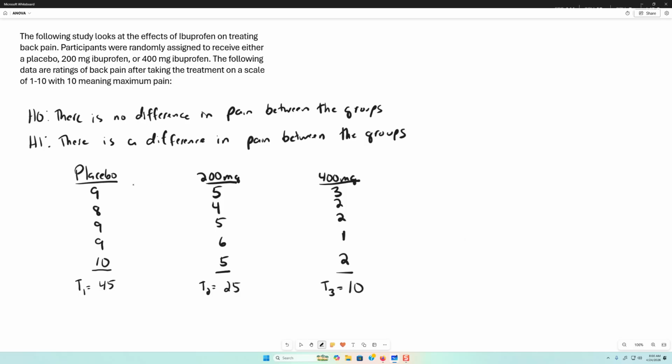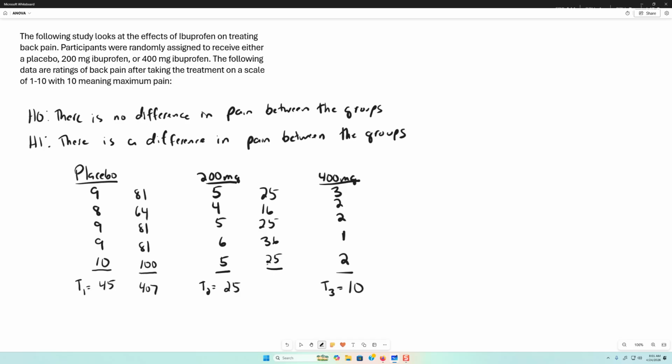We're then going to square these values and find the totals of those squared values here. 407 for that one. I'm just putting the square. I'm not labeling these. These are just placebo squared, 200 milligrams squared, 400 milligrams squared. That's all it is.